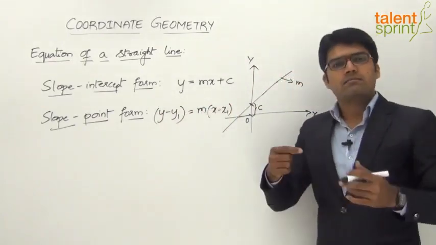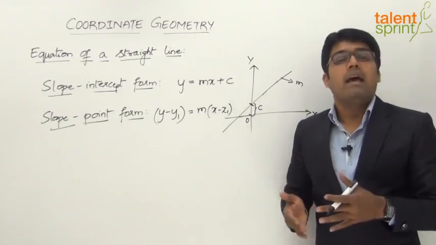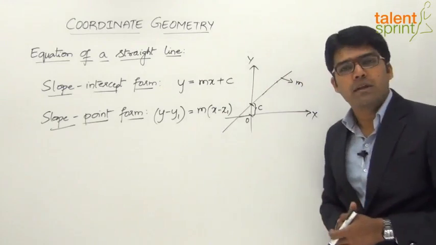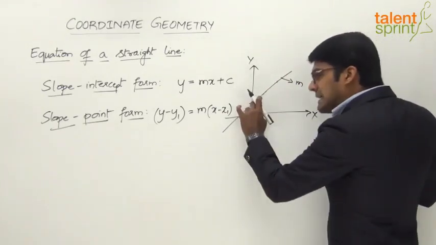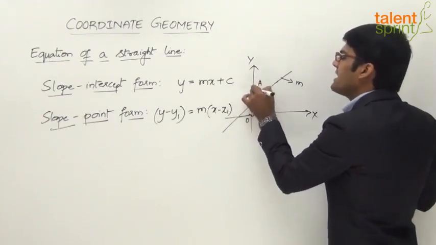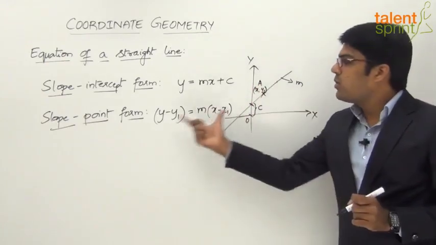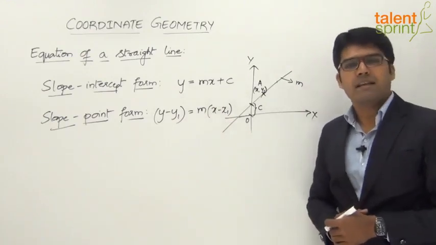Let's say the question says that a line passes through a point x1, y1 and its slope is m. Then the equation of the line can be taken as y minus y1 equals m into x minus x1. So instead of giving the y-intercept, we are given a point. Let's say a point A, the coordinates of which are x1, y1. So if the point A and the slope are given, then we go ahead with the slope point form, which is y minus y1 equals m into x minus x1.